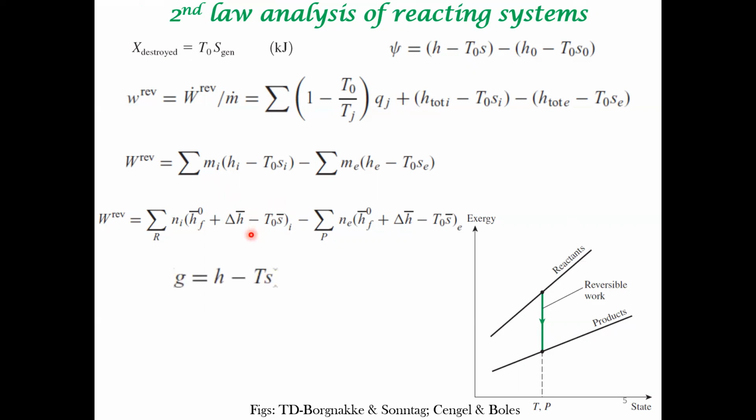And then what do we know? Once we have this particular form, we know the definition of Gibbs free energy. In this case, what is important to understand is that the reactants and products are at the same temperature and pressure as that of the environment.